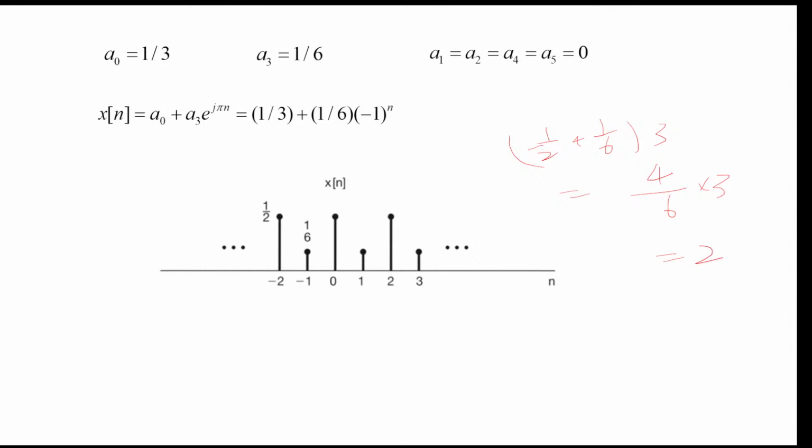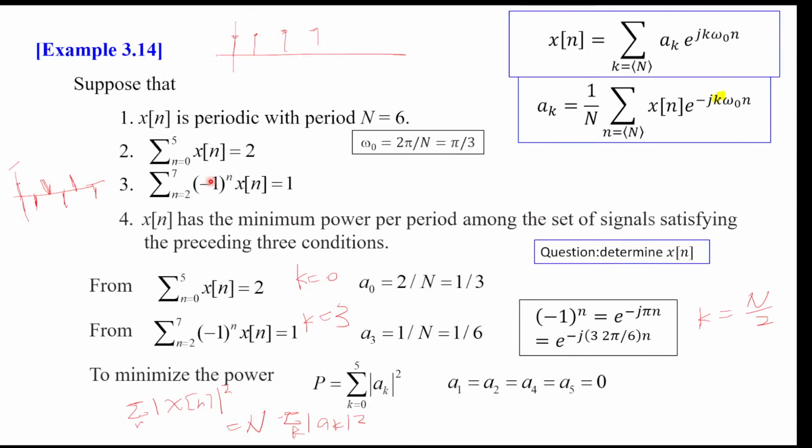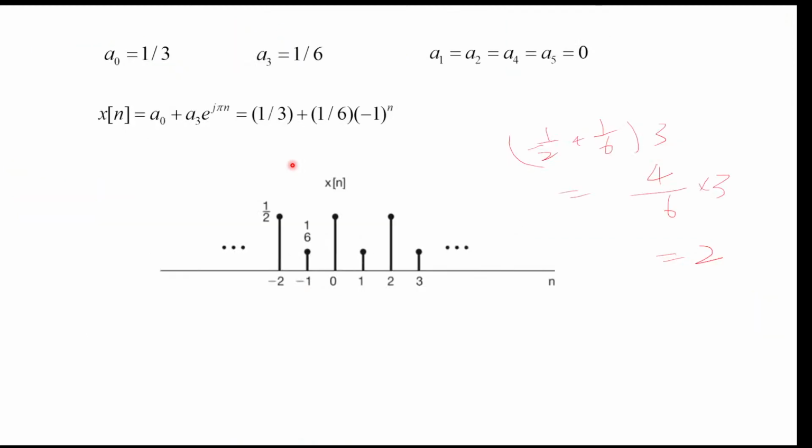And the other equation is this minus 1 to the n times x of n, and the summation over one period. So then it's 1 over 2 minus 1 over 6, 1 over 2 minus 1 over 6, etc. So it's 1 over 2 minus 1 over 6 times 3, and that should be 2 divided by 6 times 3, and that's indeed 1.